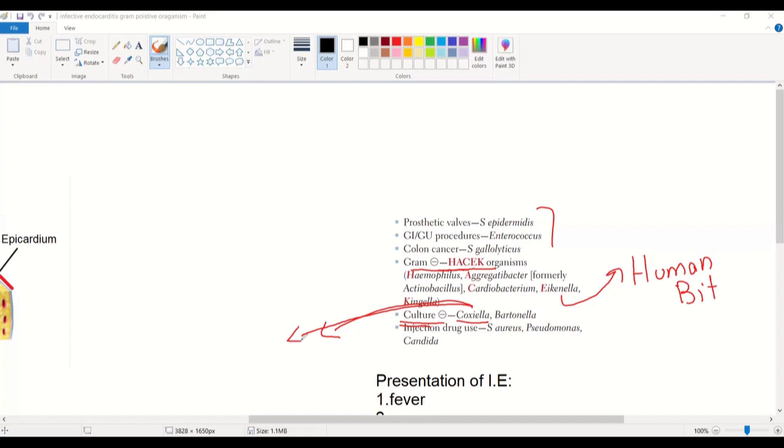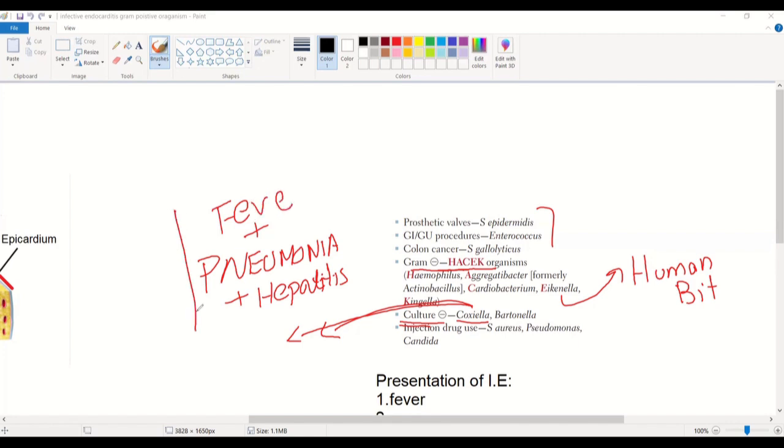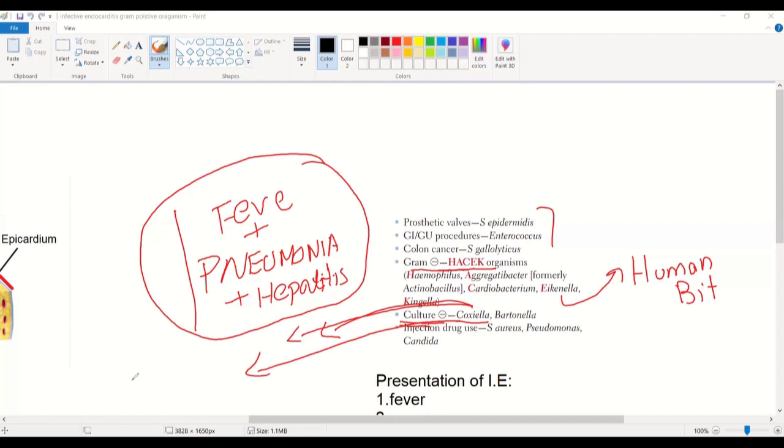Q fever is basically pneumonia plus hepatitis, plus fever. And the last one is non-culture infective endocarditis, right? So this is Q fever. It is caused by Coxiella. Coxiella is a zoonotic bacteria.